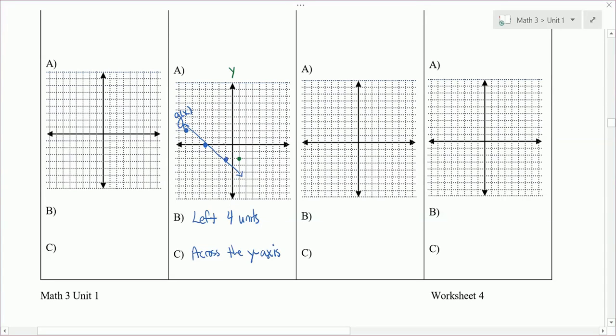The point on the x-axis is 1, 2, 3, 4 to the left, so I'm going to go 4 to the right. And then we got another point that's 1, 2, 3, 4, 5, 6, 7 to the left, so I'm going to go 1, 2, 3, 4, 5, 6, 7. Notice they're the same heights. So this is g of negative x, a reflection across the y-axis.